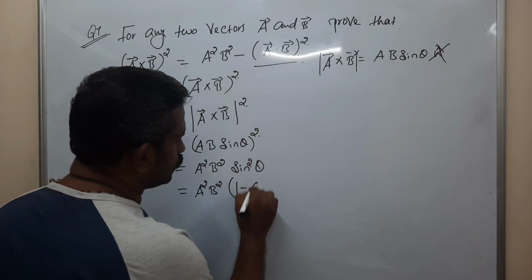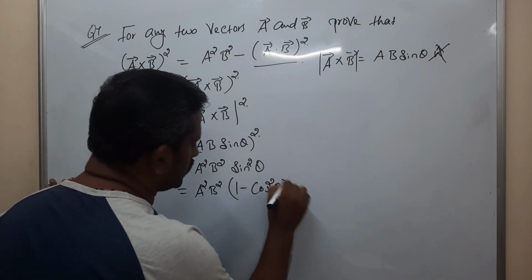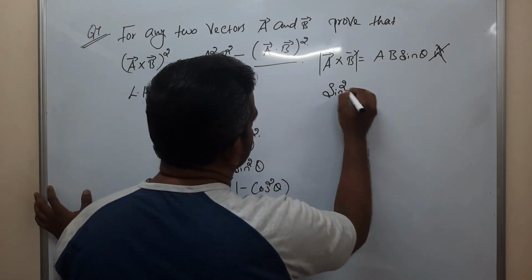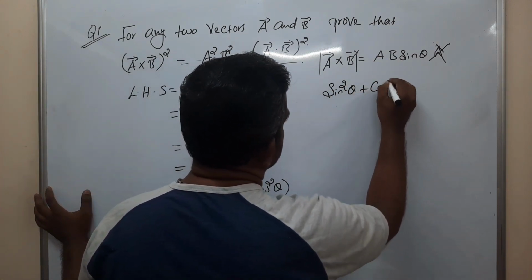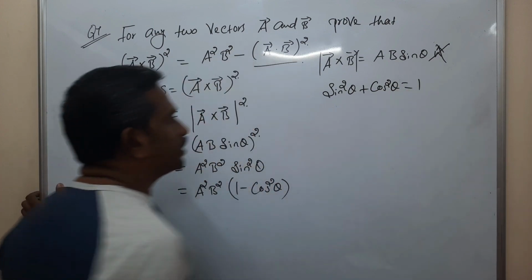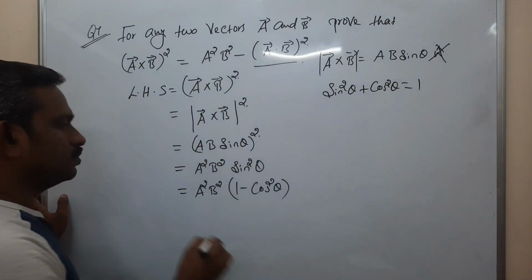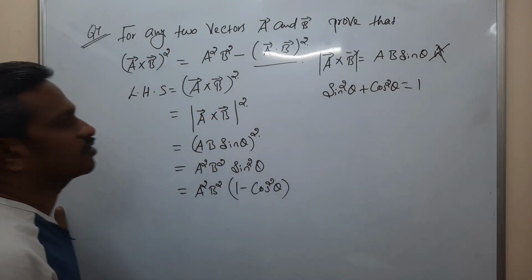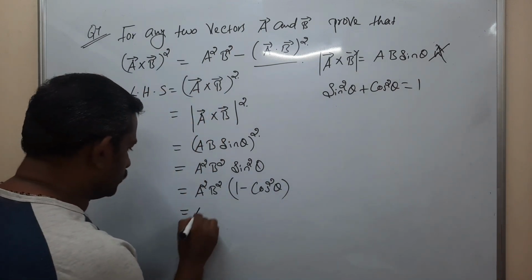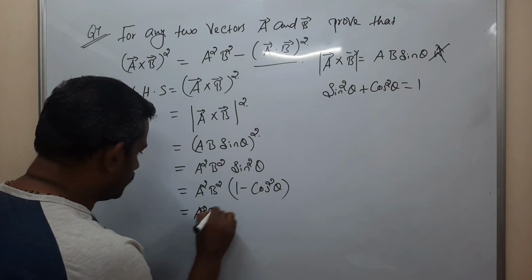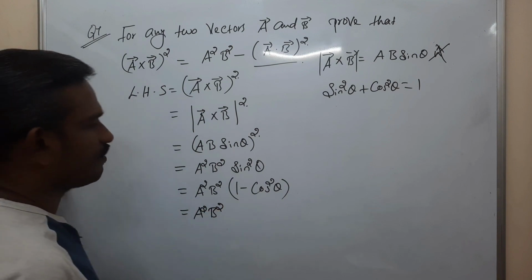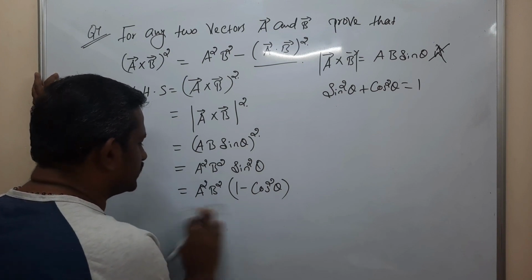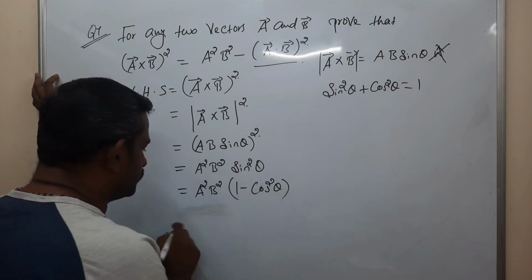I can write that sin square theta as 1 minus cos square theta, because sin square theta plus cos square theta is equal to 1. So from this, sin square theta is equal to 1 minus cos square theta. So that's equal to A square B square times the bracket; I am multiplying A square B square inside the bracket.